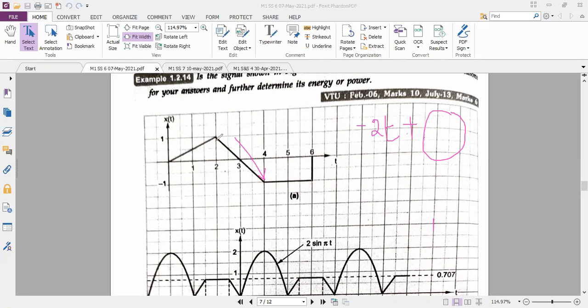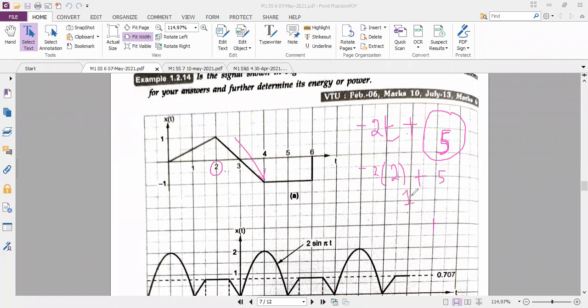Substituting t is equal to 2, I get minus 4 plus something, and I should get the amplitude as 1. So in order to get amplitude as 1, preferably I use 5 as the number.